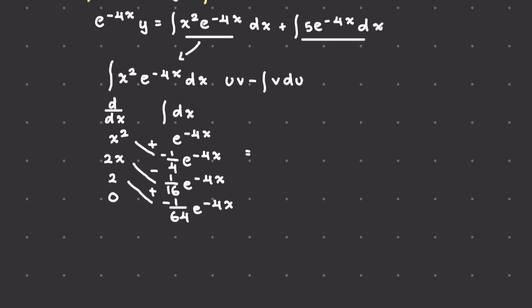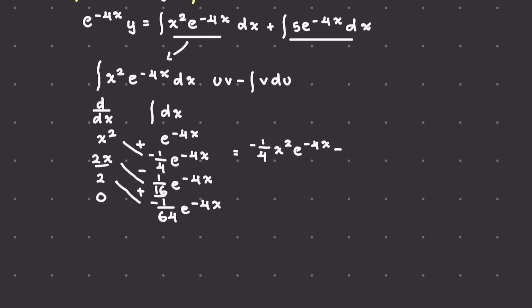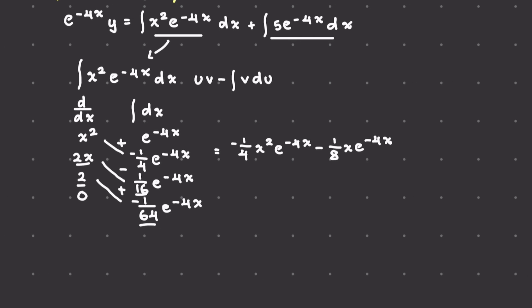So this will become negative 1 over 4 x squared e to the negative 4x, and for 2x and 1 over 16 here, we put a negative sign in front, and 2 times 1 over 16 is 1 over 8, so that's minus 1 over 8 x e to the negative 4x, and for the last one, 2 times negative 1 over 64 is negative 1 over 32 e to the negative 4x.